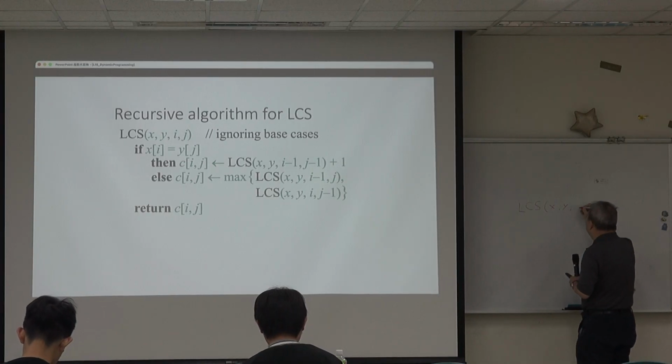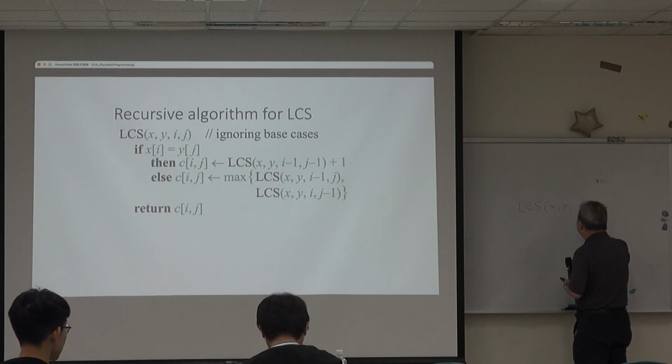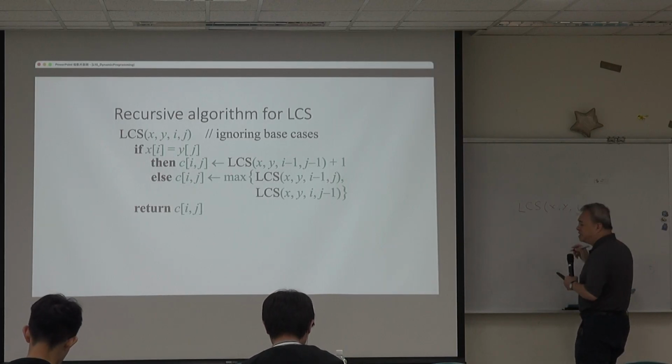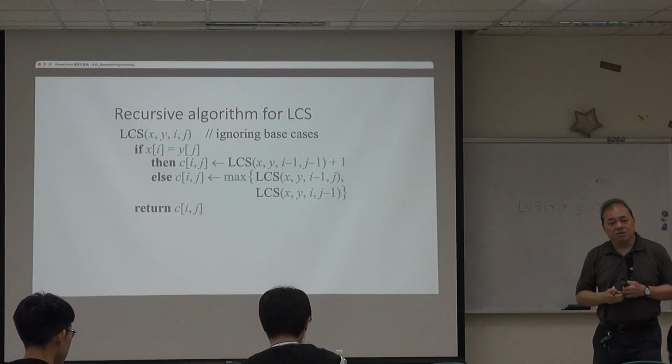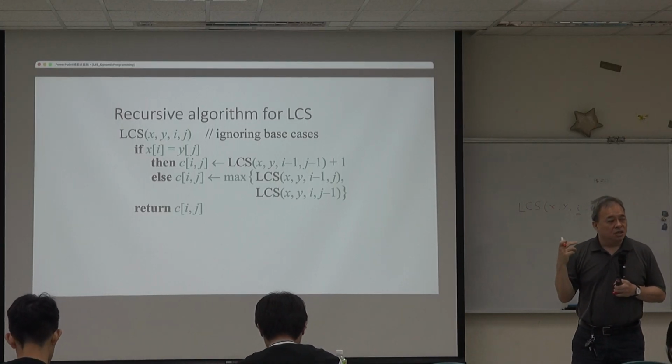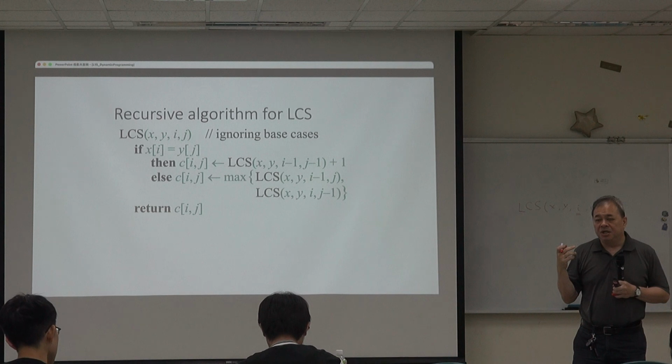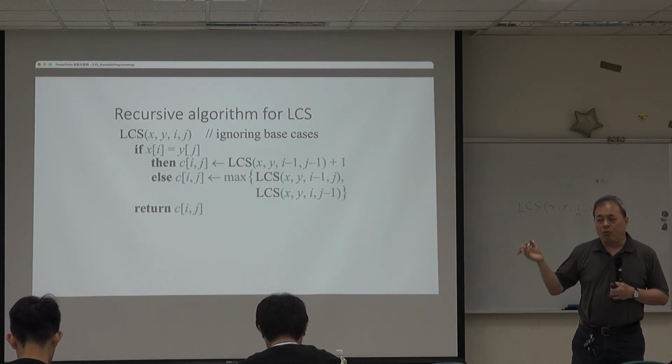for example, i is 0, or i is not 0 but the other one, j, becomes 0. So according to our definition, what should this one return? Somebody tell me.